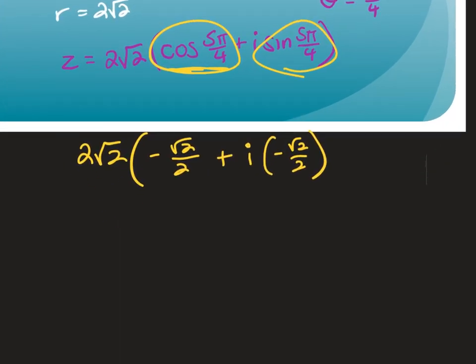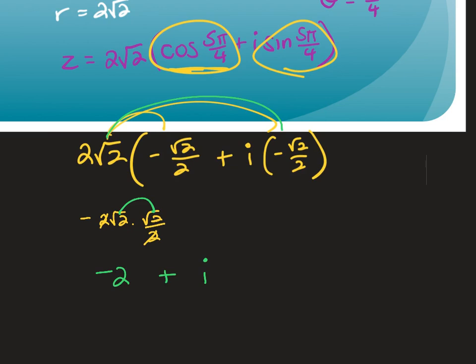And then I distribute 2 root 2 to each of these. I'd get negative 2 root 2 times root 2 over 2. The 2's are going to cancel, and root 2 times root 2 is 2. So it's negative 2. Plus i, I multiply these together, 2 root 2 times negative root 2 over 2.